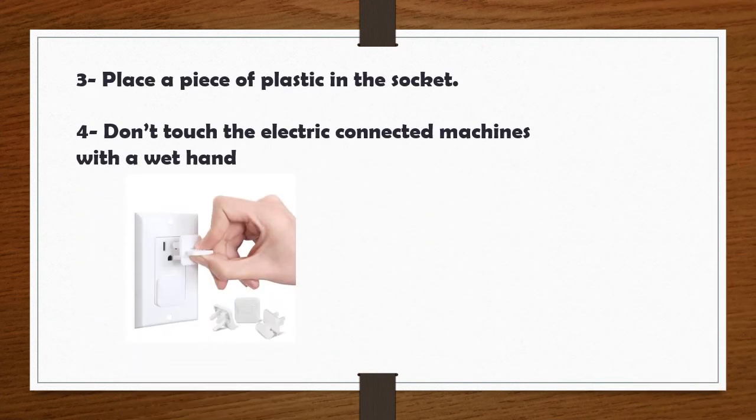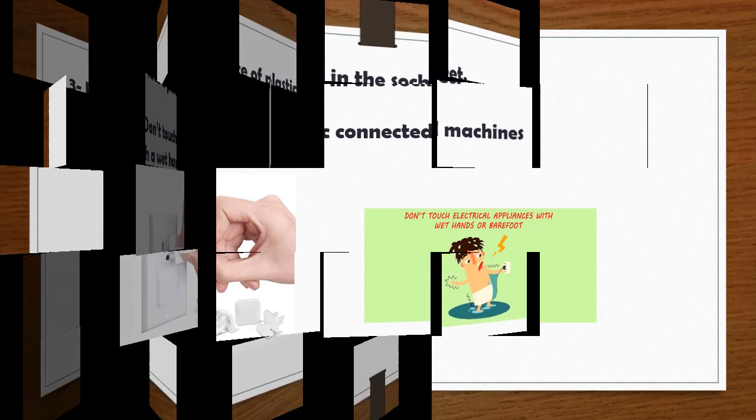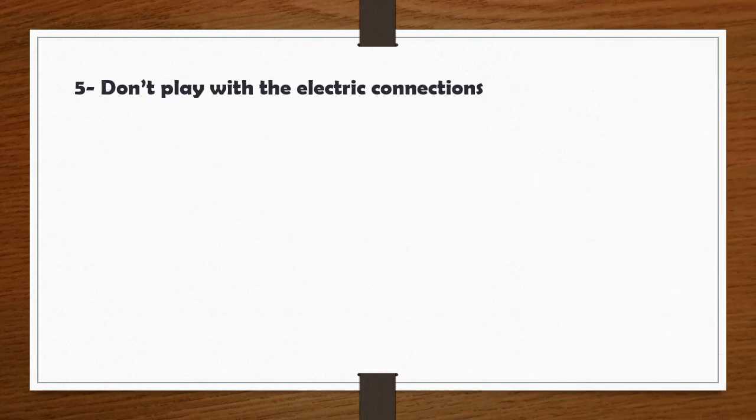Place a piece of plastic in the socket so that you can prevent children from playing with electricity or putting something in the socket. Don't touch electric connected machines with wet hands. Don't play with electric connections.